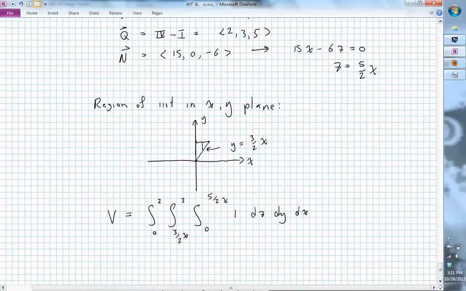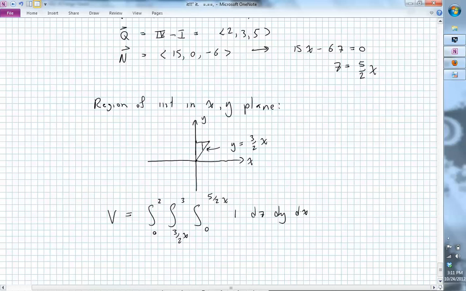If I asked you to do dz, dx, dy, could you do it? Yeah, it would be fairly straightforward. I would just have to do horizontal cuts and make sure that x went from 0 out to 2/3 y. Okay, so you could do that.